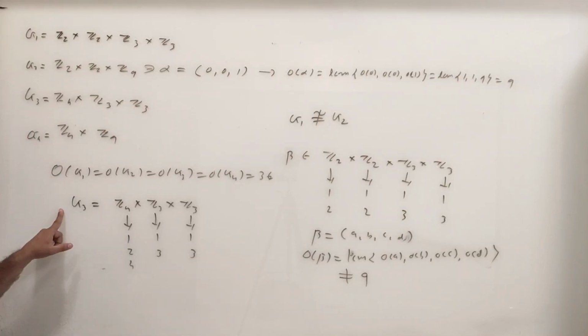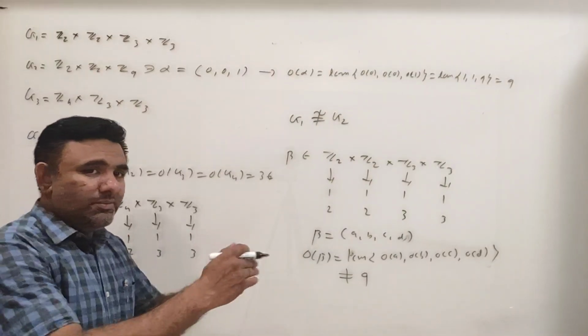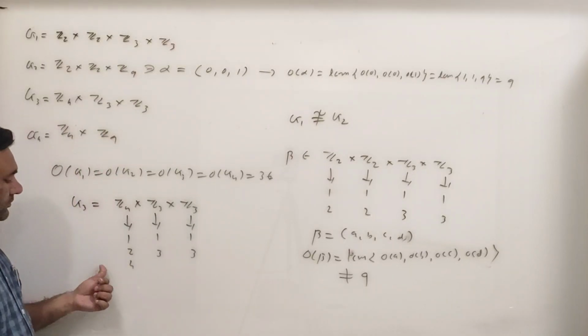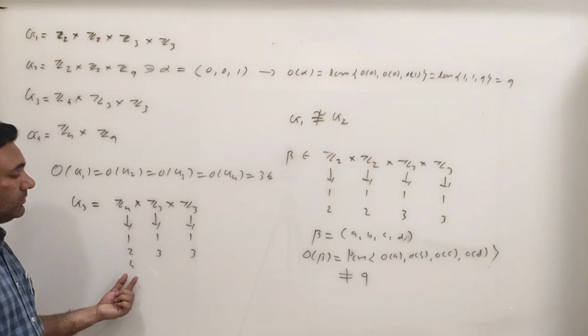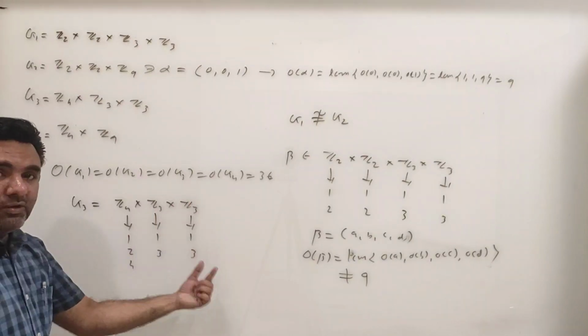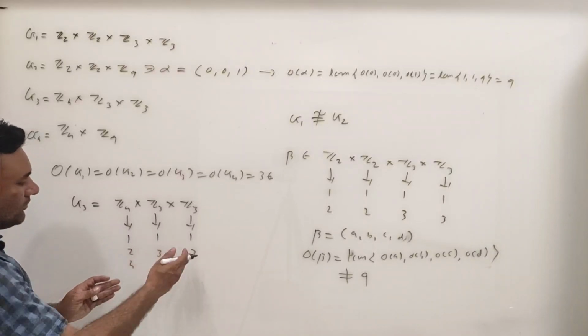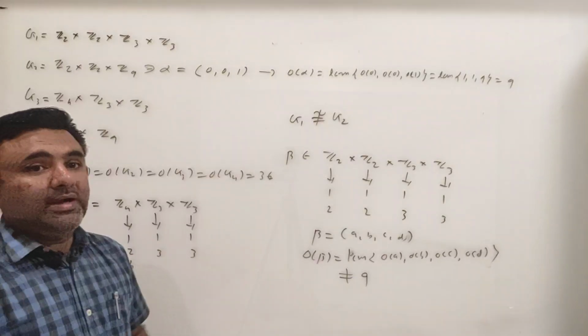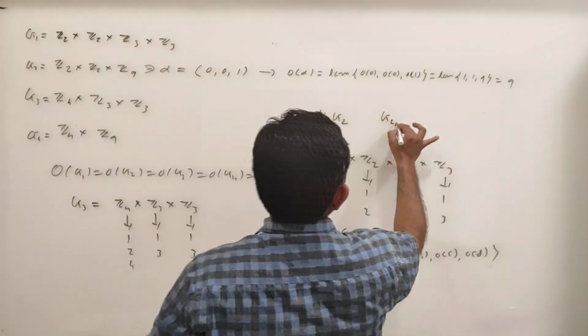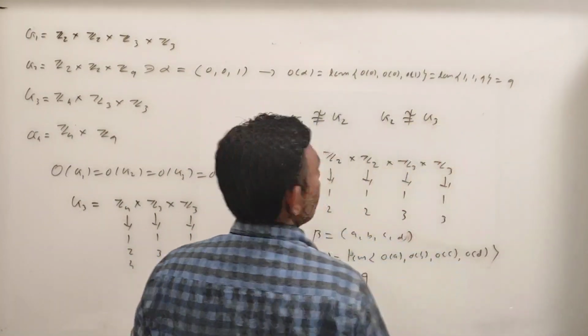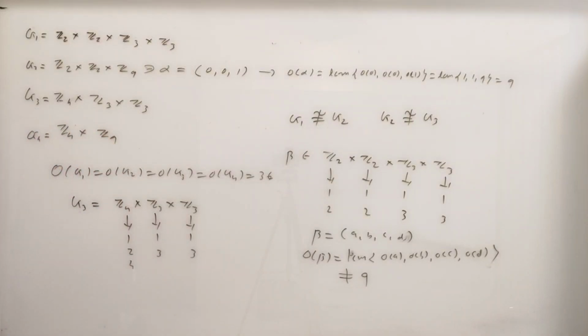So if you consider any element of G3, it is of the form A, B, C. Then the possible orders of A, B, C are: for A 1, 2, 4, for B 1 or 3, and for C 1 or 3. If you consider any combination from here, you will not get an LCM of 9. So there is no element of order 9 here, right? So G2 is not isomorphic to G3, तो ये भी isomorphic नहीं रहेंगे. So G1 is not isomorphic to G2, and G2 is not isomorphic to G3.